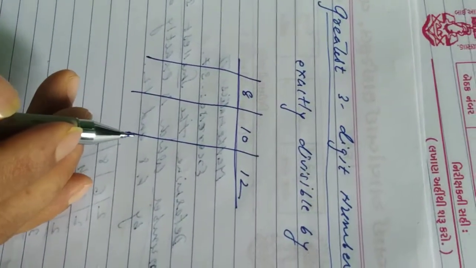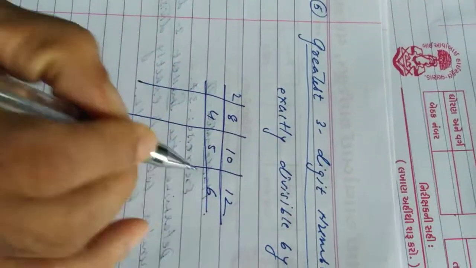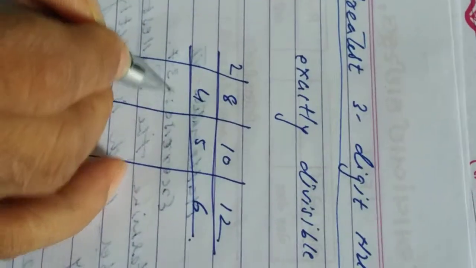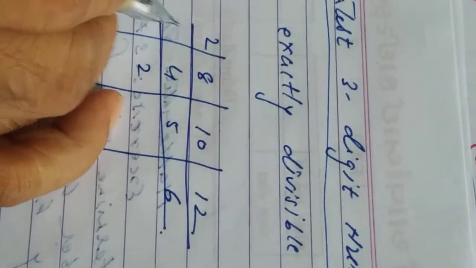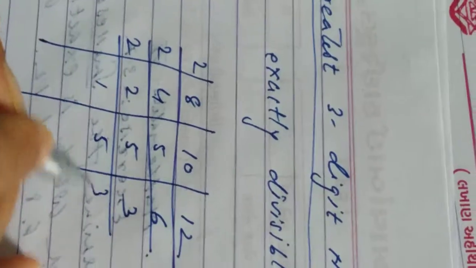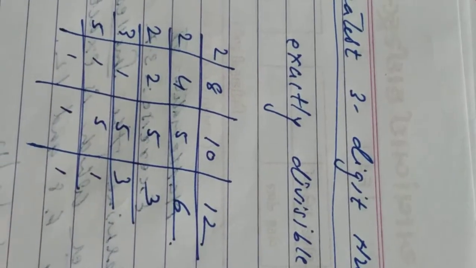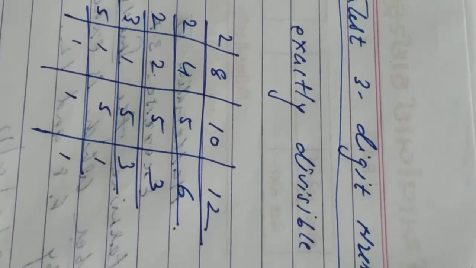These are also small numbers, so they can be divided by 2. All the numbers are divisible by 2. Now 4, 5, 6: from these 4 and 6 can be divided by 2, and 5 remains as it is. Once again 2, 3 and 5. In this way we have to find the multiples.